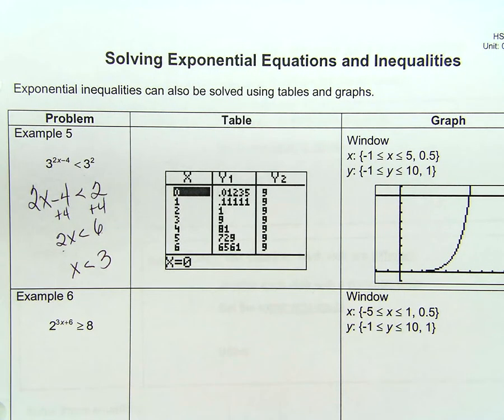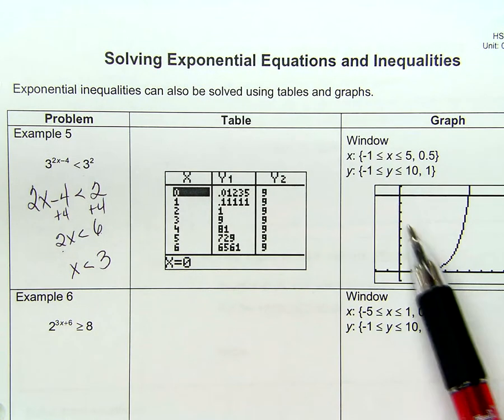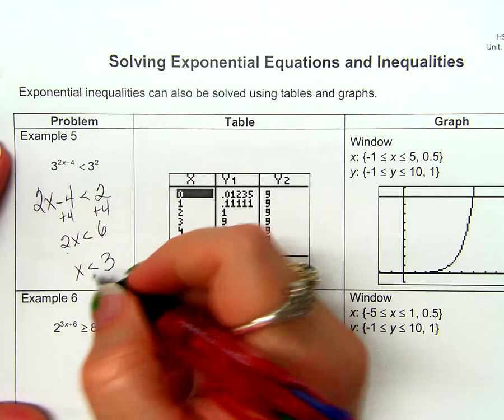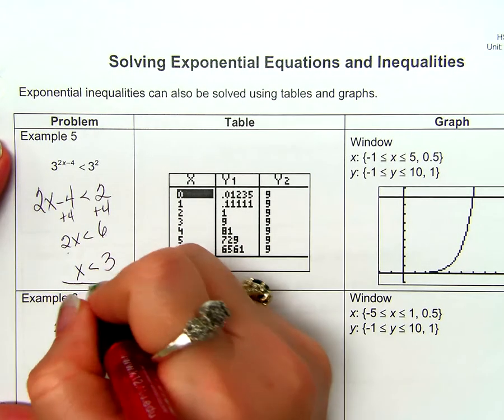Now, anytime in the past, when we did linear functions, when we did quadratic functions, things like that, what was the difference between solving the equation and solving the inequality? Up until the very end, you solved it the same way. In inequalities, you had to shade. Okay? So this time we're not going to be shading on a graph like this. We're going to be shading on a number line.